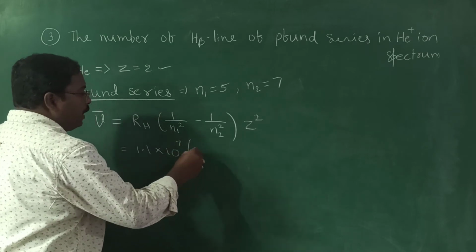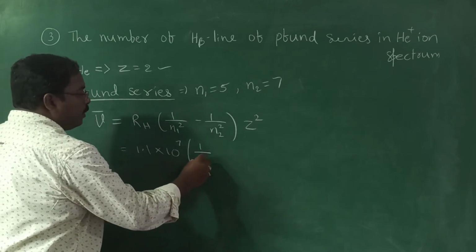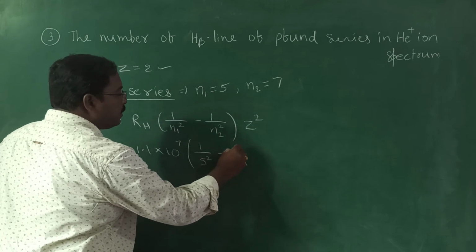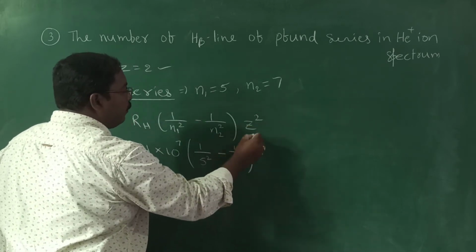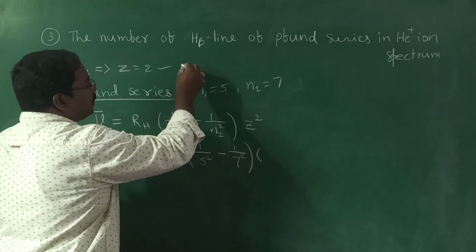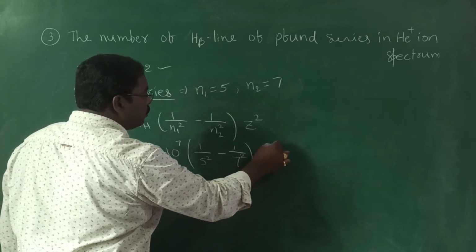So 10 to the power 7 into 1 by 5 square minus 1 by 7 square into Z square. The Z value for helium, we know, is the atomic number 2, so 2 square.